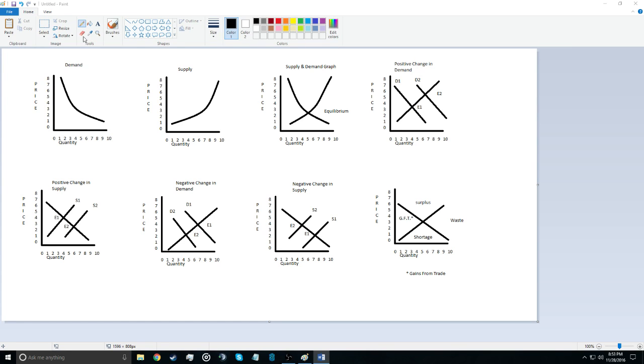So, as we know in graphs, if you're going to the right and upward, it's a positive change. If you're going down to the left, it's a negative change for most graphs. So looking at the graph in the top right corner labeled positive change in demand. So let's say you are a bubblegum company and you want to sell one stick of gum for $8 or $7, $6.50, whatever. But not a lot of people are going to buy that. Only one person's going to want to buy it at that price.